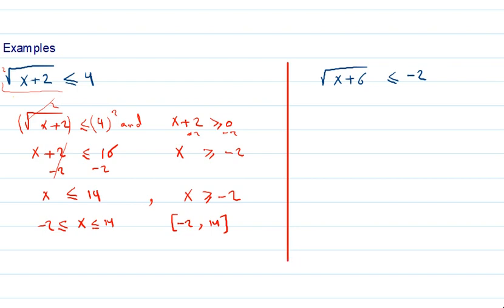Let's take a look at the other example. Here, the square root of x plus 6 is supposed to be less than or equal to a negative number.